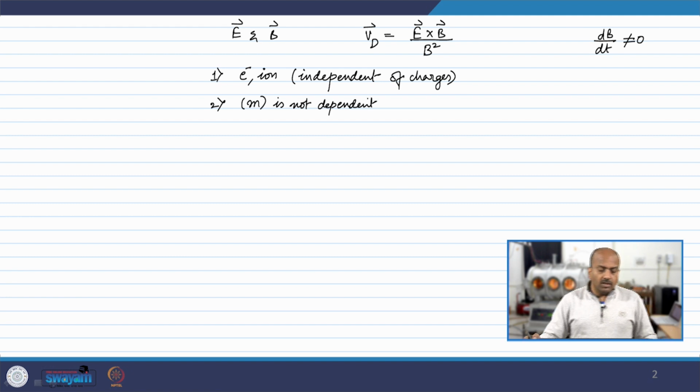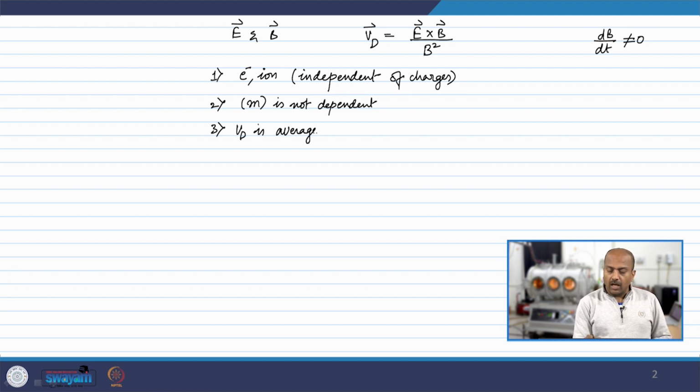This velocity is an average velocity of the flow of the plasma. So, this drift velocity Vd is the average velocity of the flow of particle or plasma.